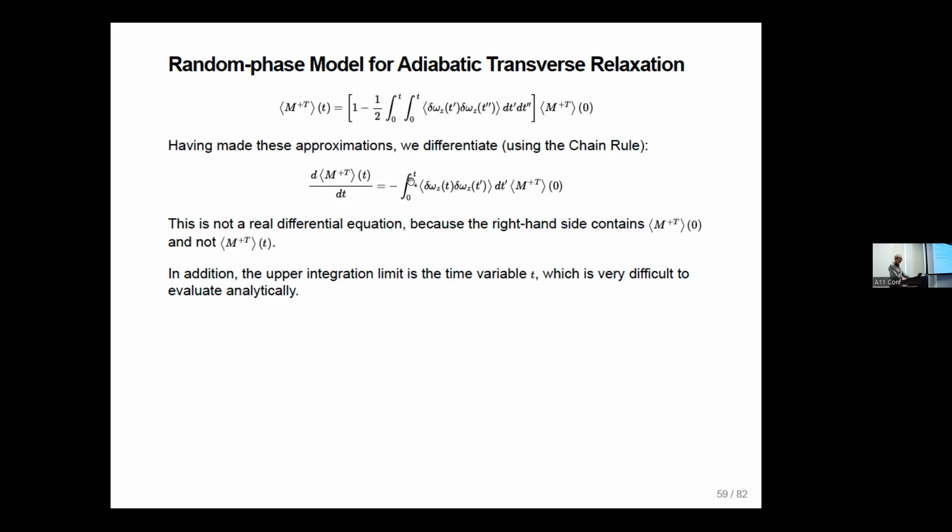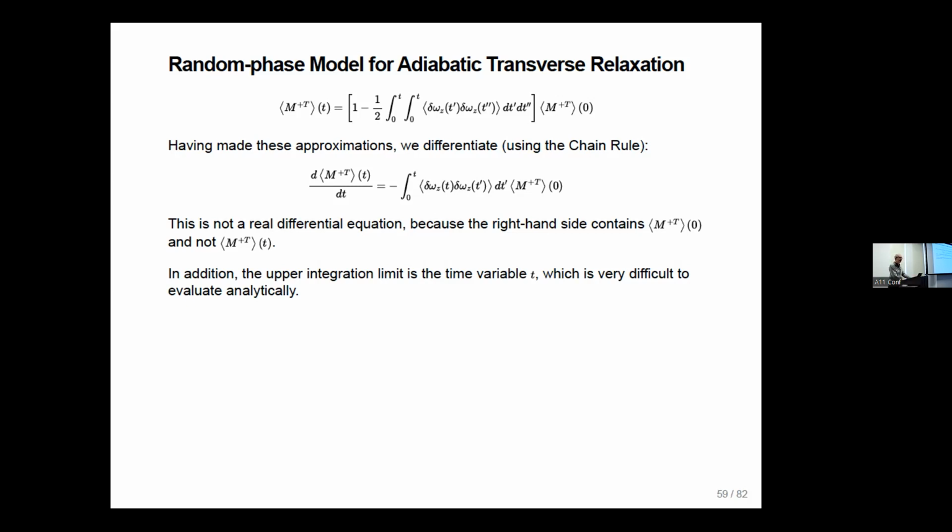Now, this isn't a differential equation because we have t here. T is part of the right-hand side. And that's a headache. However, at very long times, our autocorrelation function splits into the product of the autocorrelation function of the individual terms.